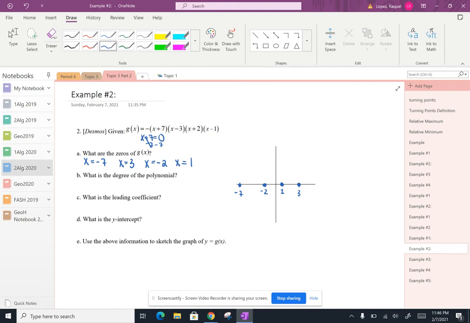Okay. All right. The next question is, what is the degree of the polynomial? Now remember, to figure that out, I would need to multiply all of these terms out. But to figure out the degree, all I really need to do is multiply the first terms of all of these. So x times x times x times x.